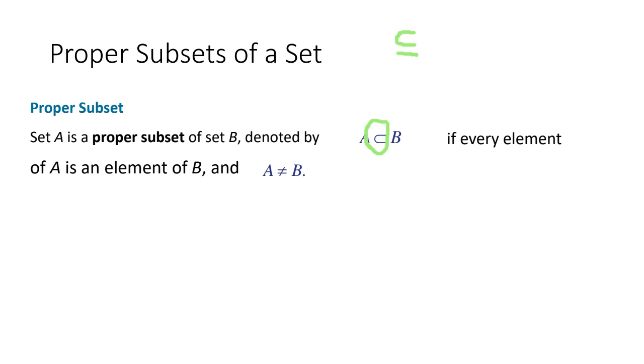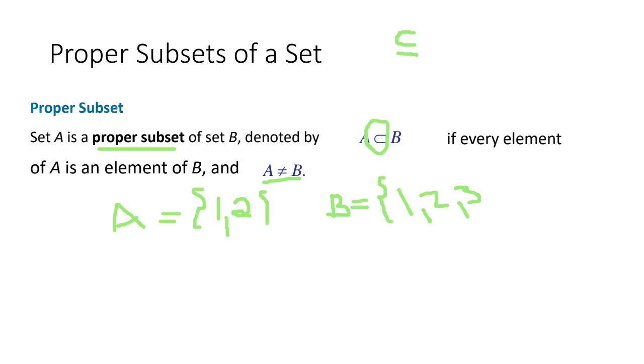So for example, if I have A is 1 and 2, and B is 1, 2, and 3, and you want to see if A is a proper subset of B, then it still has to be a subset in order for it to be a proper subset, right?